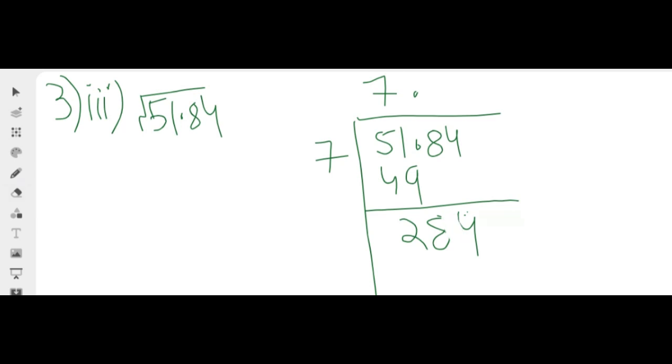Okay, now we have to divide 84 to get the exact number that will subtract and give 0. Can we find that number? Subtract and gives 284. I will go actually with 2 this time because 7 plus 7, how much is it? 14. This is 51.84.